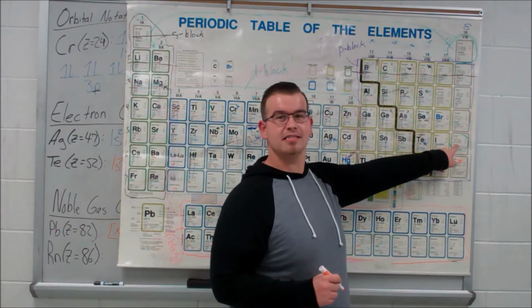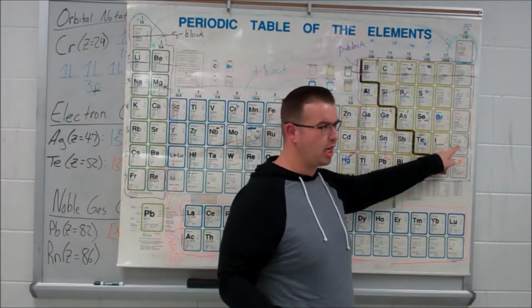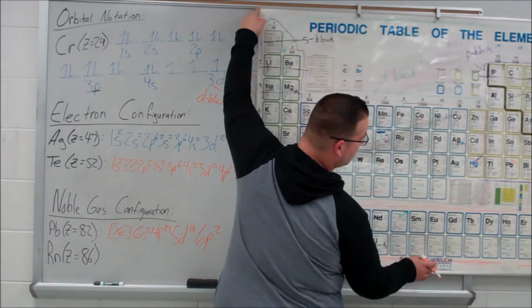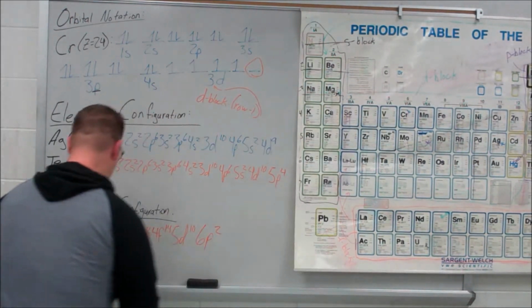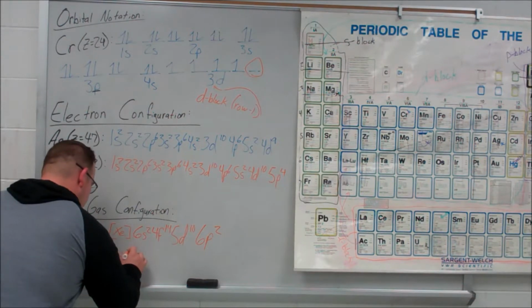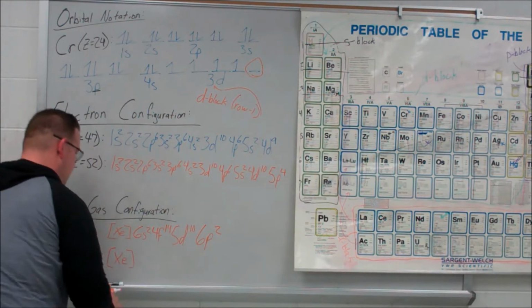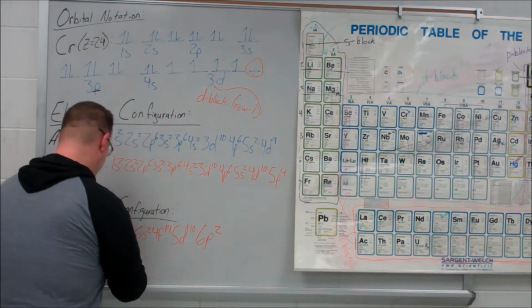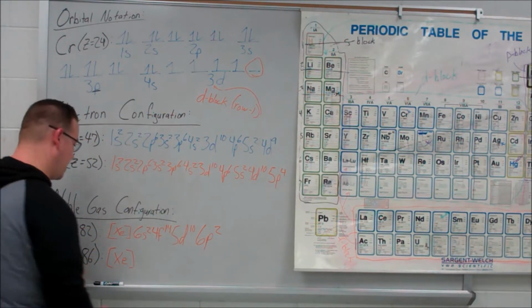You're already in the noble gases, so you're going to use xenon again. So xenon, in brackets again, and it's going to look the same as what we got for lead.